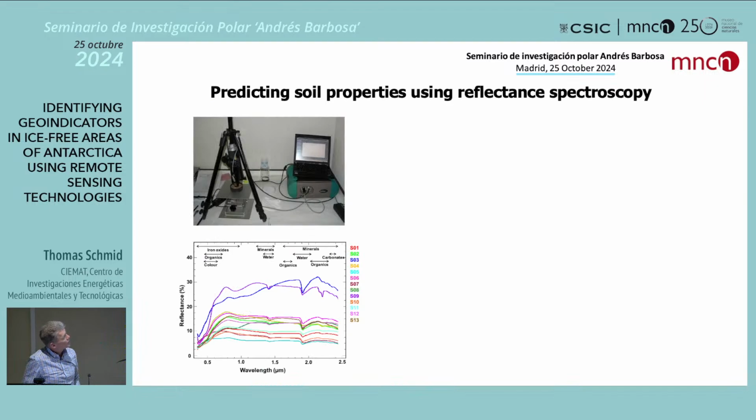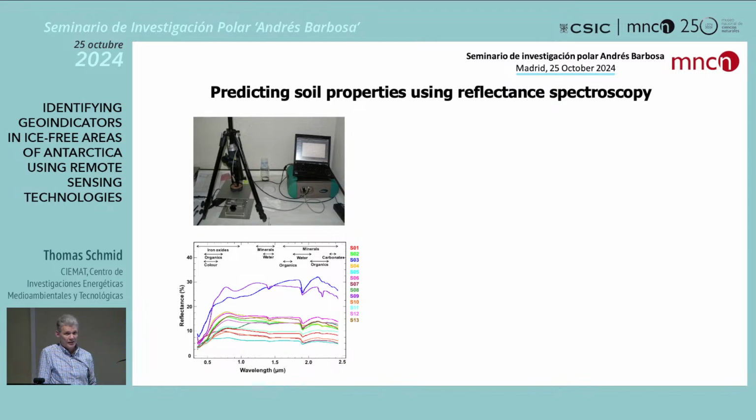Now I want to show you also predicting soil properties using reflectance spectroscopy. We're going to the lab. We're using our soil samples. Now these soil samples, of course, are measured under controlled conditions. But so are our analysis in the soil, in the lab.